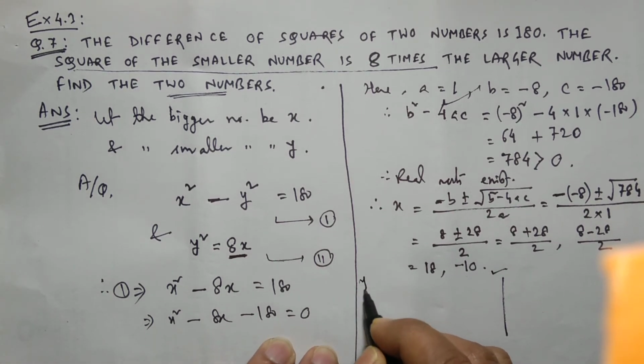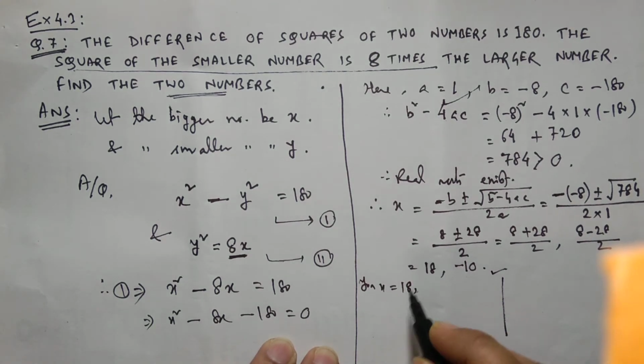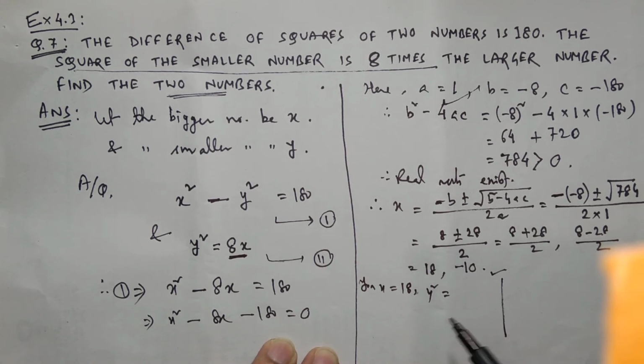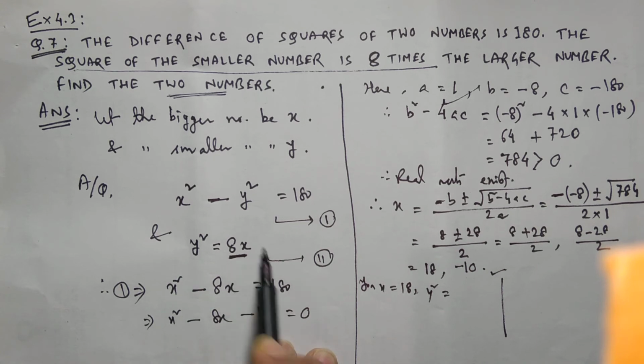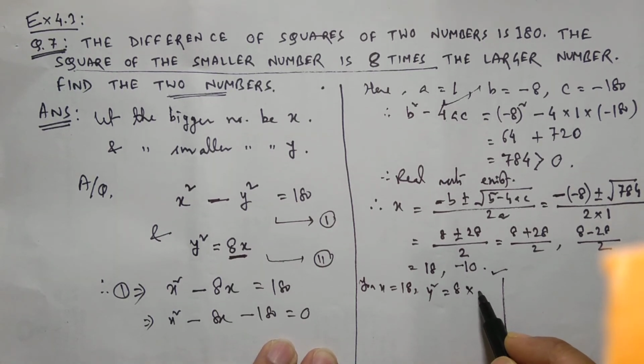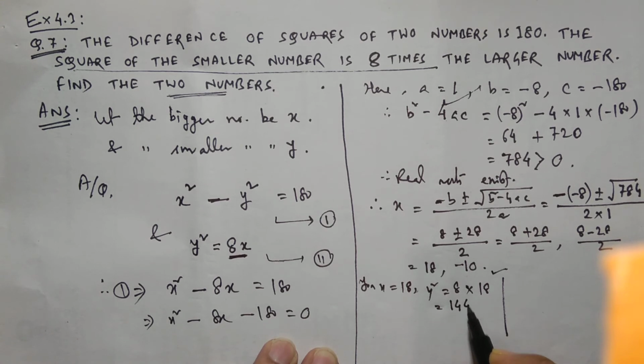Now for x equal to 18, y square we will find out, because x is obtained. y square equal to 8 into x, so 8 into 18. If you multiply, 144.